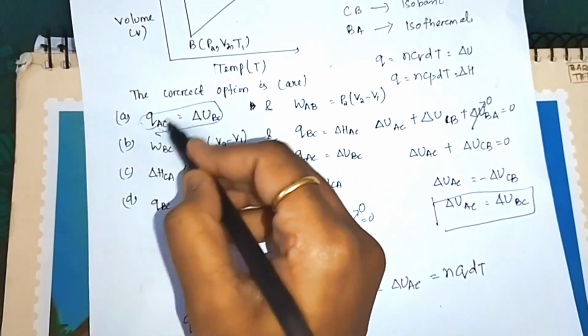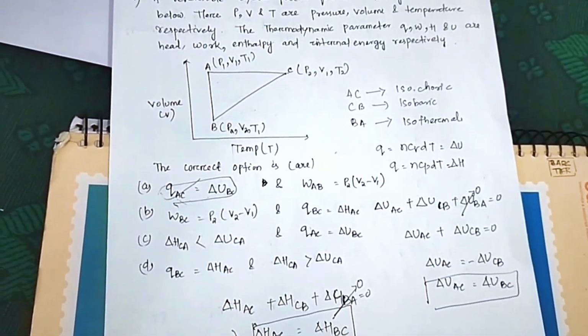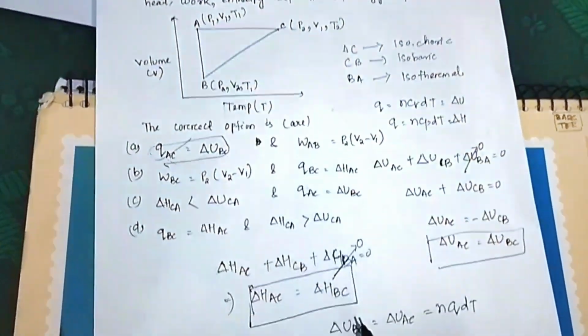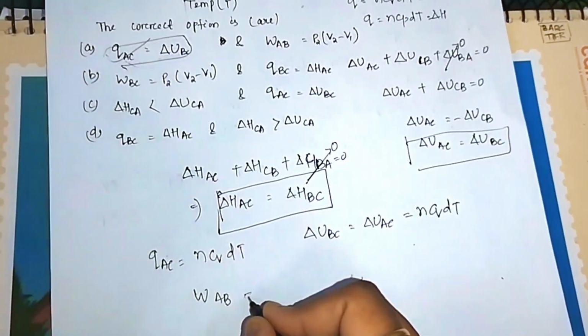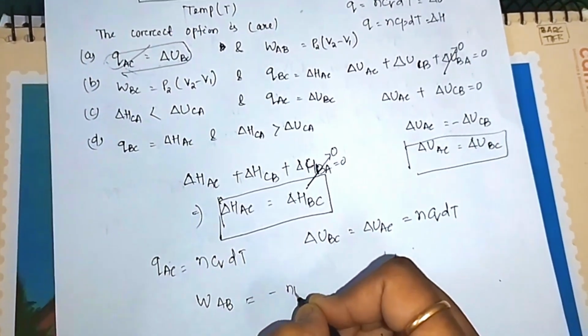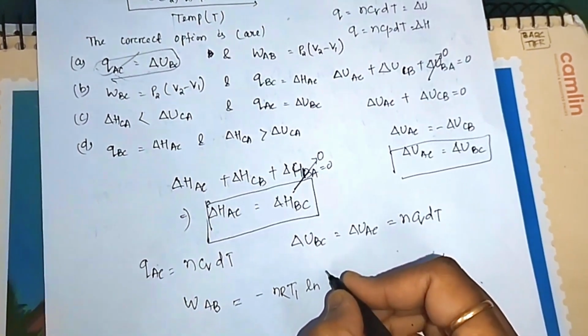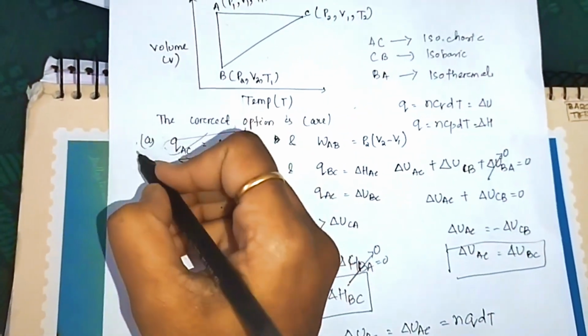Then W AB. W AB means volume decreases in an isothermal process, so isothermal compression. For isothermal compression, the work done is minus nRT1 ln V2 by V1. So this option is incorrect.